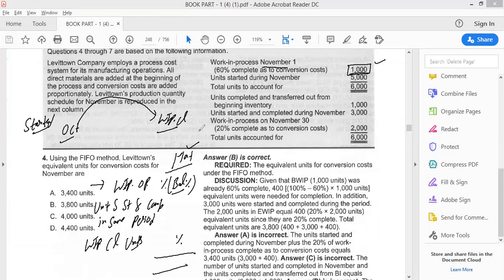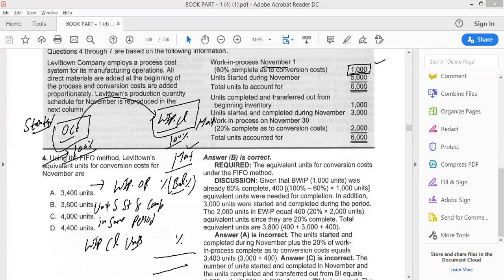Now this information will play a crucial role, as we saw earlier, saying all direct materials are added at the beginning of the process. So when these units started in October, 100% of the materials were added at the beginning of the process. These work in process units were 100% completed with respect to materials, because material was added at the beginning of the process.